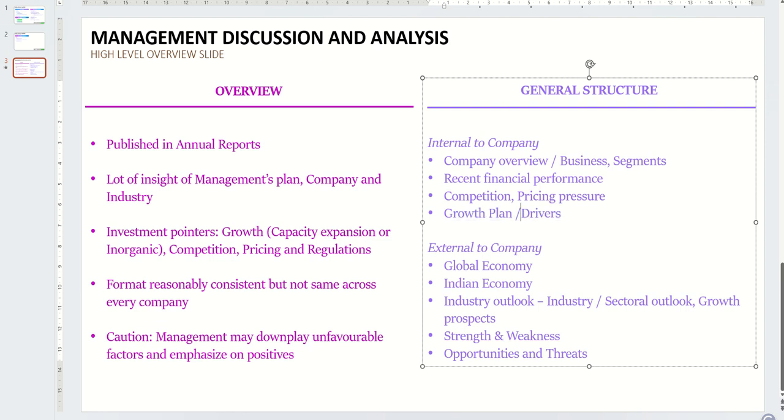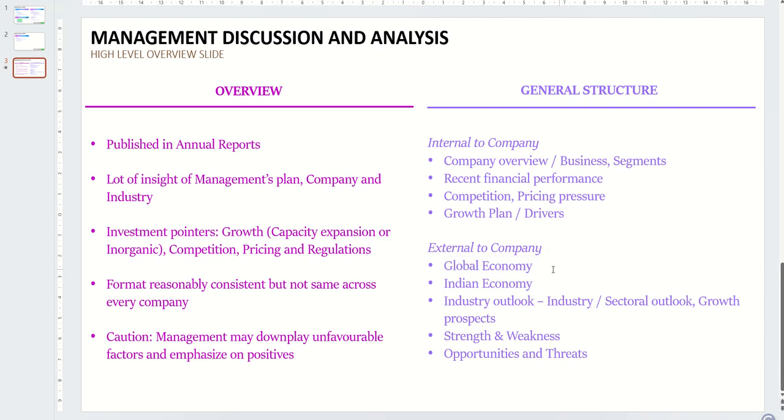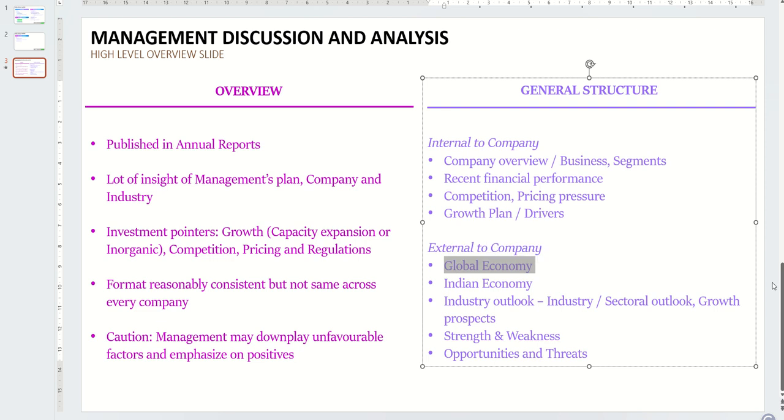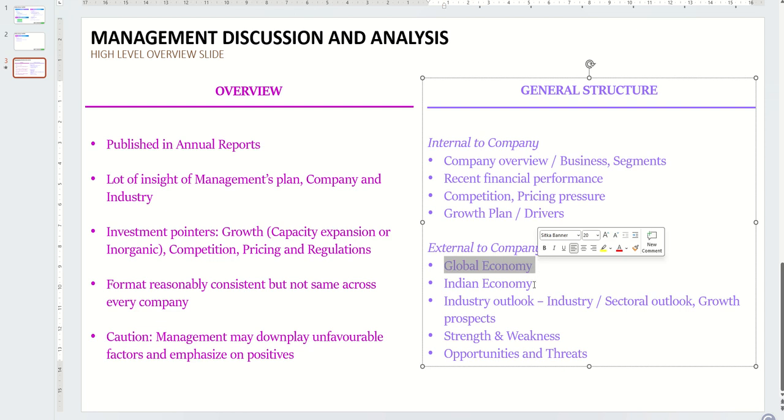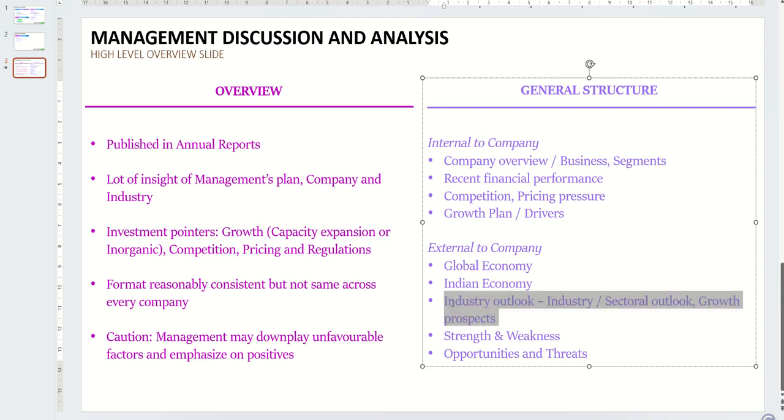So what is external to the company? That has a very perfect predefined structure. It starts with the global economy. For example, if it was a COVID year, they say that globally COVID had affected the business. They talk about the global economy. Then they come down to the Indian economy, and how the Indian economy outlook is. From the Indian economy, they come to the industry in which they are working.